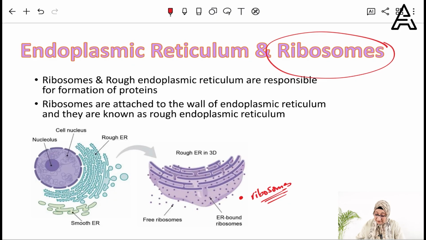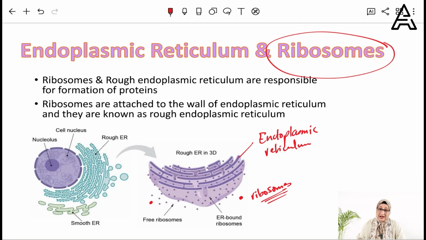Okay? طيب you might find it free in the cytoplasm, free ribosomes, or on the top of a tube system. التيوب system ده هنسميه endoplasmic reticulum. endo يعني inside, plasmic يعني cytoplasm, reticulum means شبكة أو network. يبقى this is a network of tubes inside the cytoplasm.